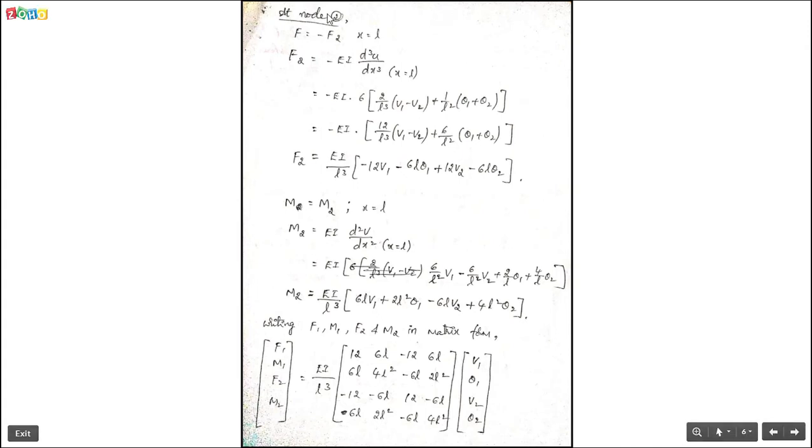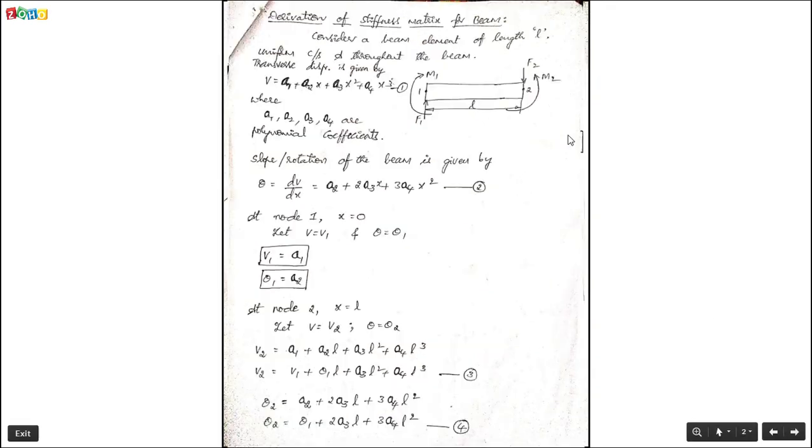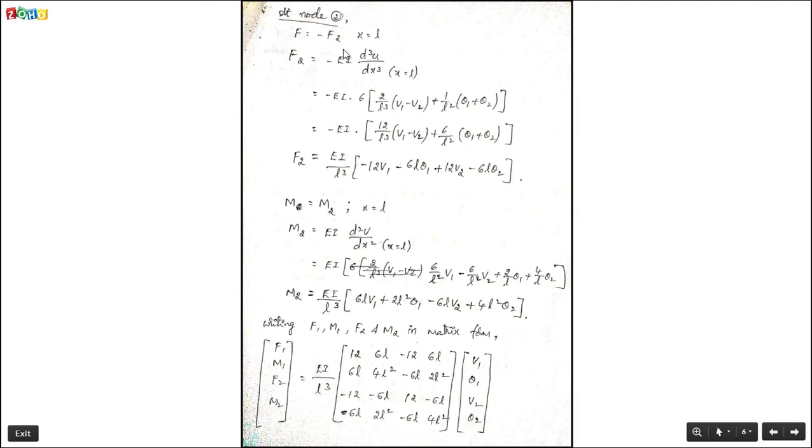Again at node 2, F becomes minus F2. Why? Minus F2 because the downward force is acting, and downward force is negative, while the anticlockwise moment is positive. So F equals minus F2 and M equals M2.